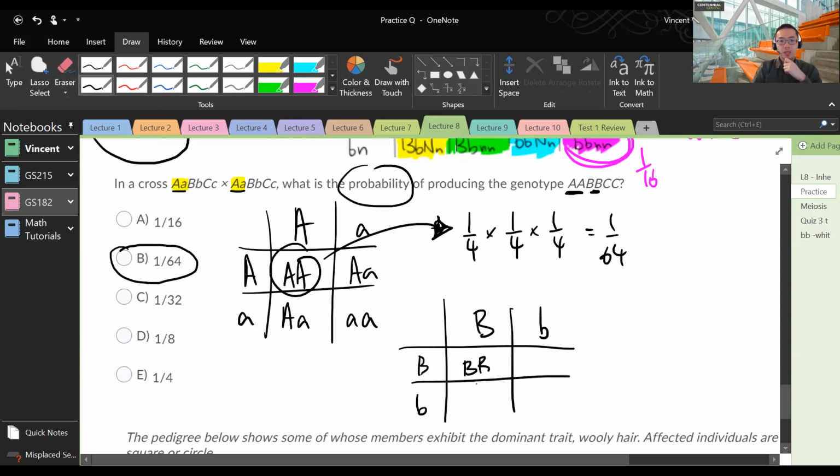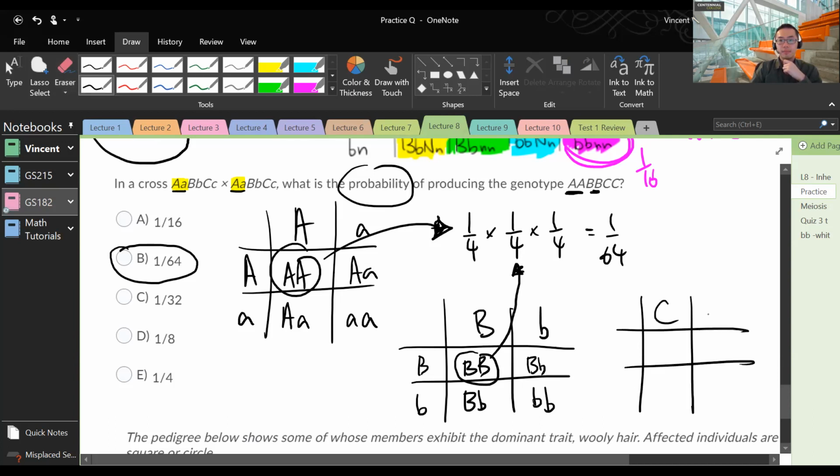If I do the Punnett square here, you can see there is also a quarter chance of getting big B, big B rather. Then you can do it again for C, and again you have a quarter chance. So a quarter times a quarter times a quarter is 1 over 64.